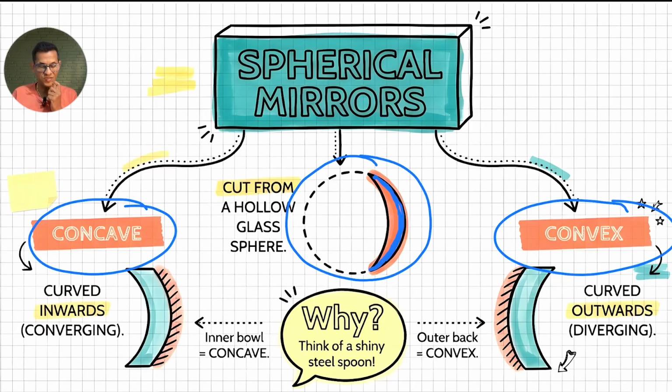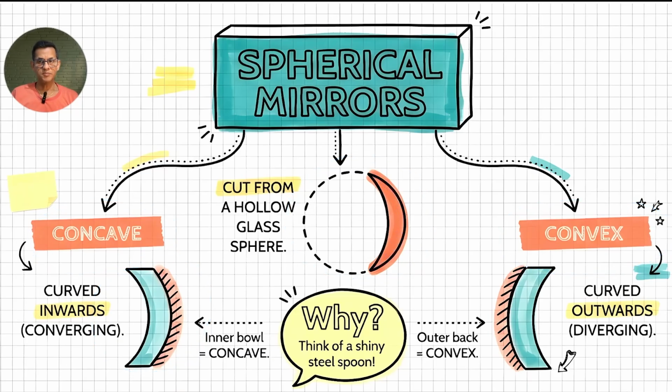Similarly, we can also make a convex mirror, whose reflecting surface is curved outwards, by using a sphere of glass. So these are the 2 types of mirrors that we'll be learning here, concave and convex.